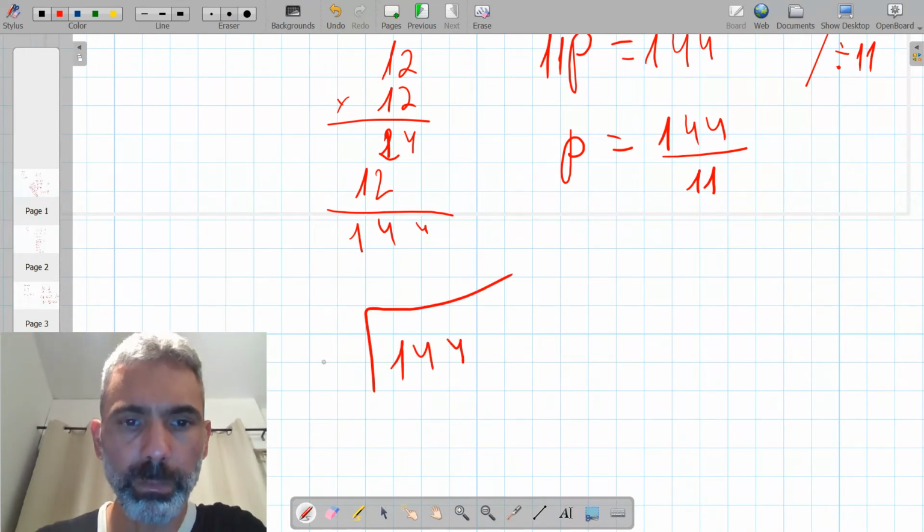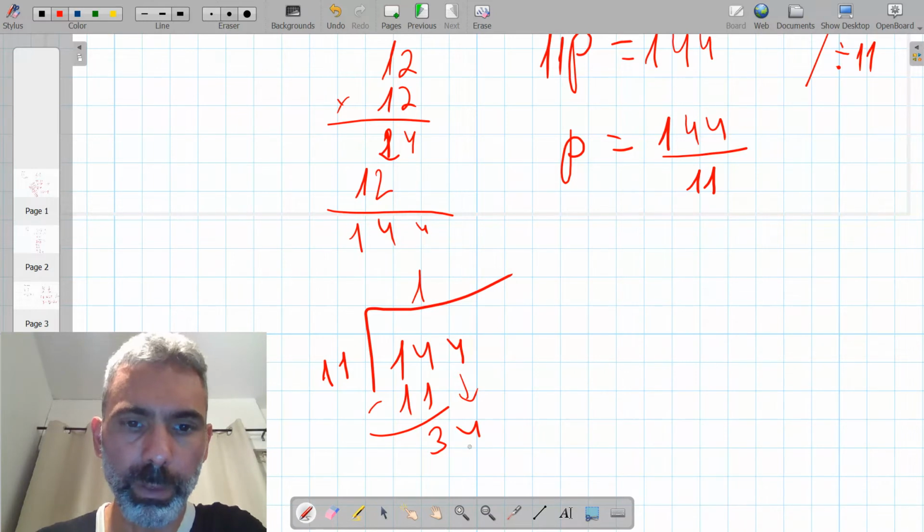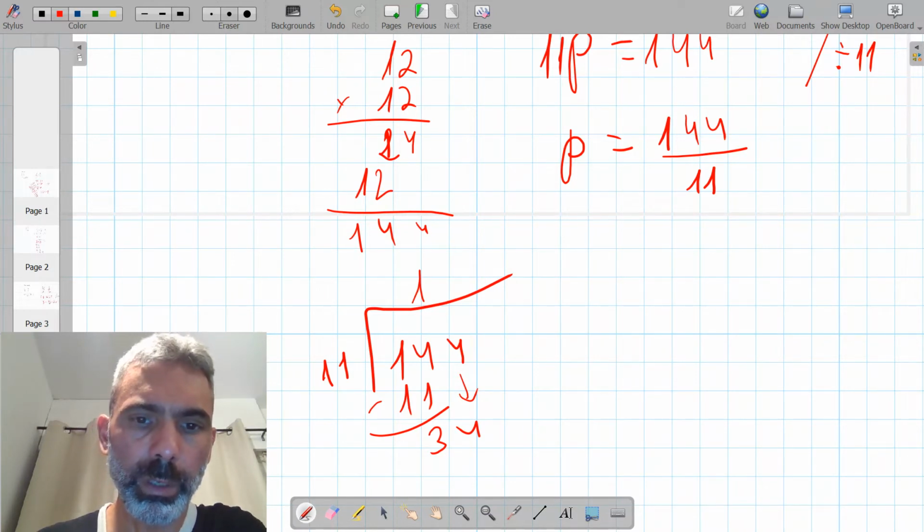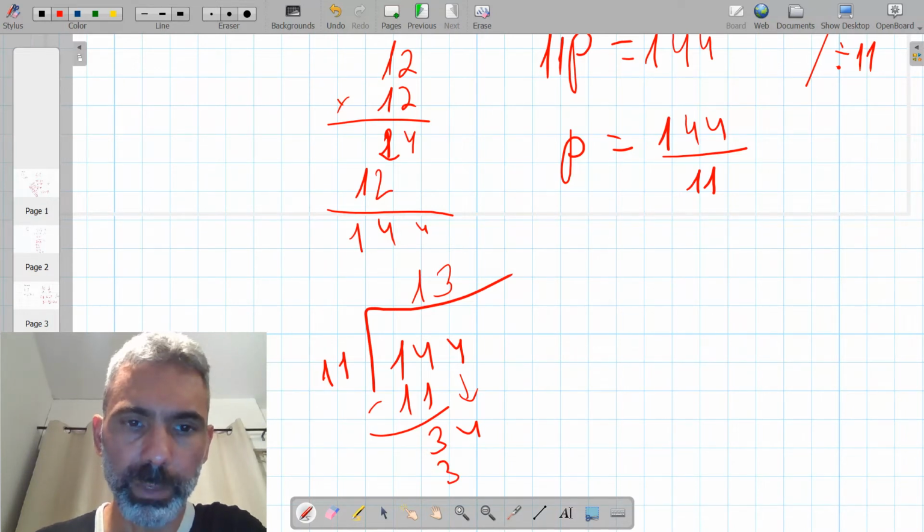144 divided by 11. 11 goes into 14 one time. 1 times 11 is 11. 3, bring down 4. 11 goes into 34 3 times. 3 times 11 is 33. 1 remainder.